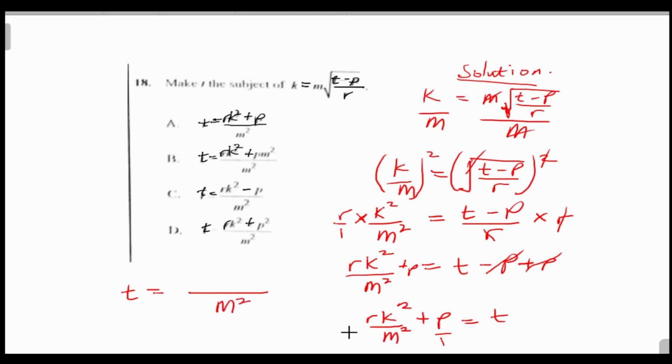Then m squared divided by m squared is 1, times everything at the top, so we give the same thing: r k squared. Plus m squared divided by 1 is m squared, times p, which gives us p m squared. And looking through the possible answers, that becomes option B, and that is the answer to our question.